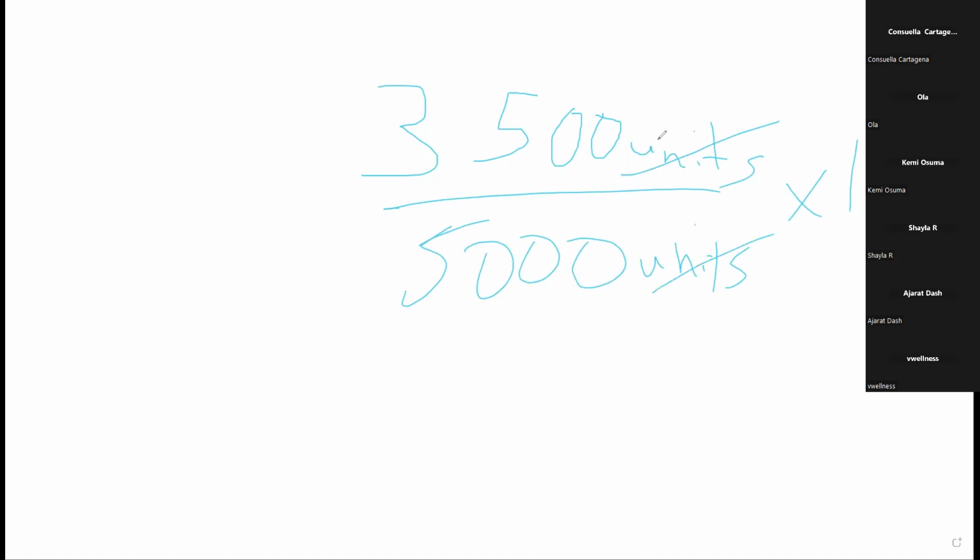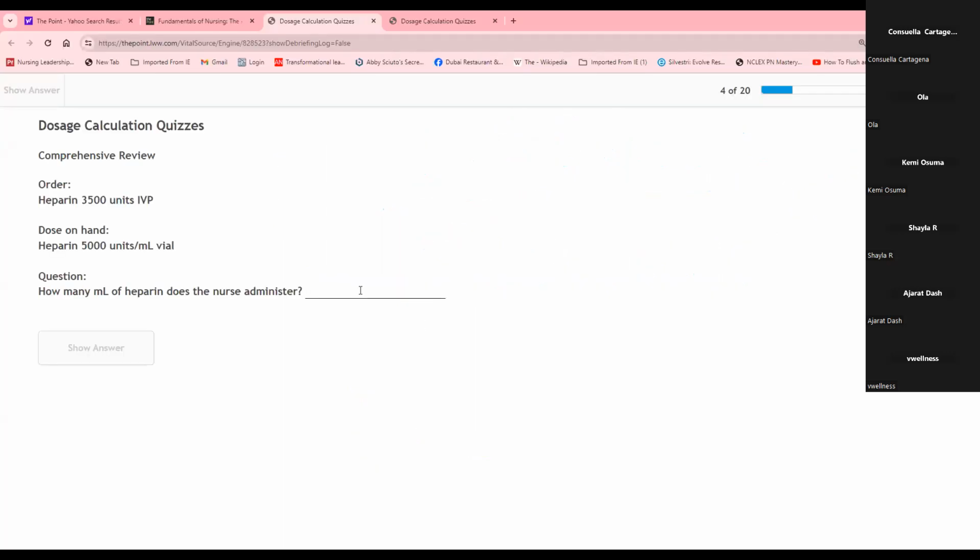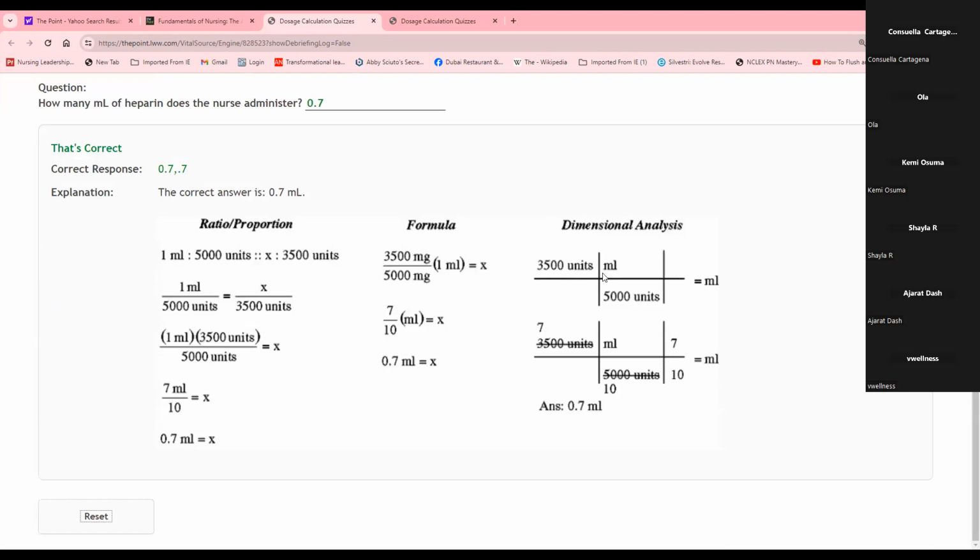This is going to cross out and you'll be left with mLs. 5,000 doesn't go into 35, so your first answer is going to be 0 point something. 0.7. Okay.